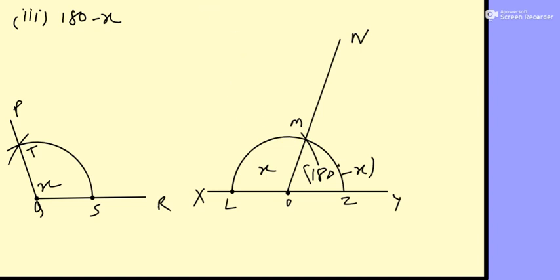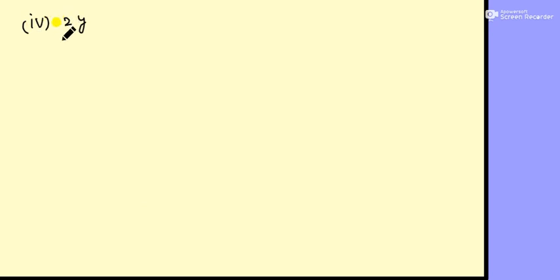Now let us see the next one. The last one is the 2y angle. So first it is your acute angle. First of all you can make the acute angle like this, and this is the acute angle here. So that is the y angle, so you have to write here y.